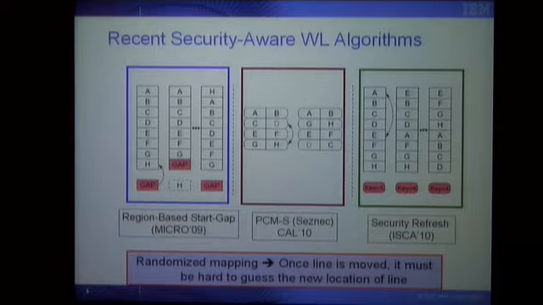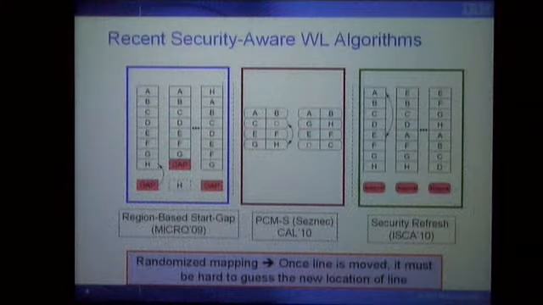In the start gap paper itself, what we recommended is that instead of managing the whole memory using start and gap, you split the memory into chunks, and you manage each chunk with a start and gap. And the idea is that if the region is small, the line will move before the endurance is reached. There's a table-based scheme as well that has a large number of lines per block, and then it swaps blocks with certain probability on a write to a block.